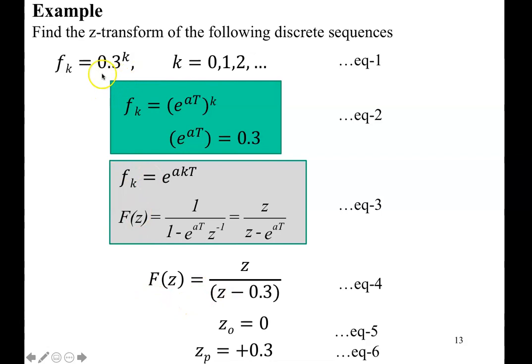Therefore, the Z transform of this is z over z minus 0.3, or 1 over 1 minus 0.3 times z to the power minus 1. So we have a lot of flexibility here. It's a number, because e itself is a number.